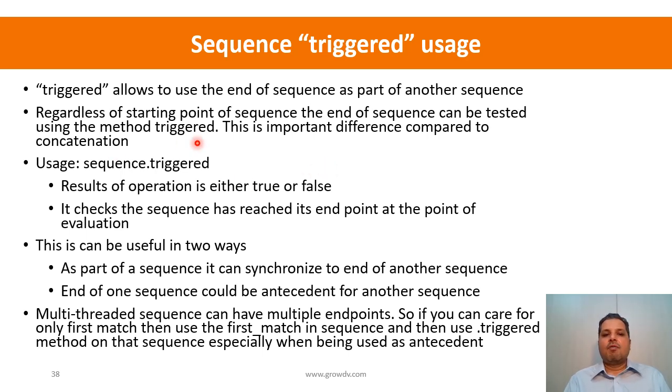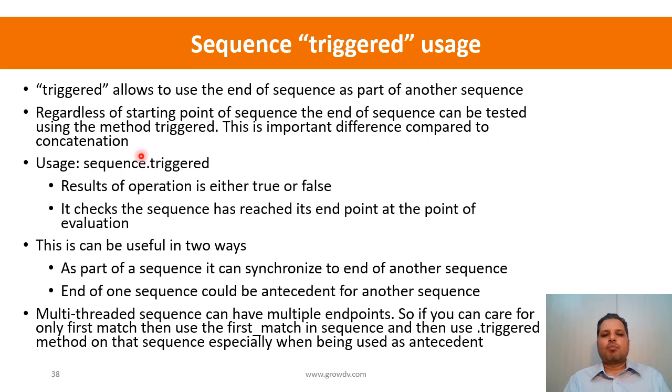Whereas when you use sequence.triggered, it will tell you when a particular sequence has ended. It may so happen that there are two sequences running in parallel, and you just want to synchronize at the point a particular sequence ends, in the middle of some other sequence, and you want to check whether this sequence has ended without consideration to when it started.